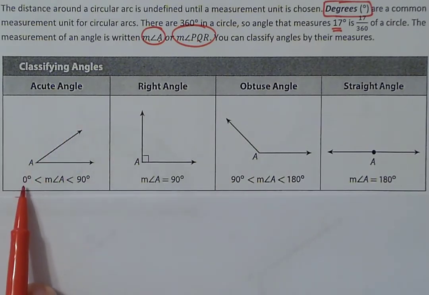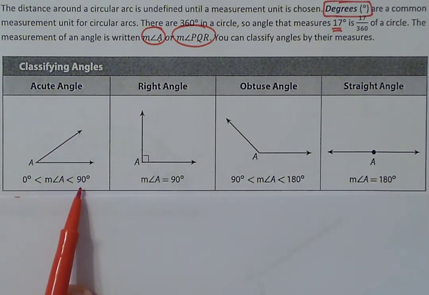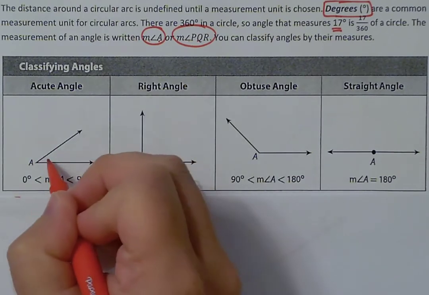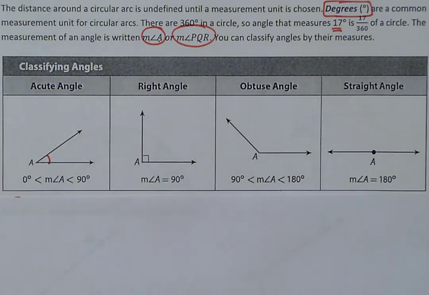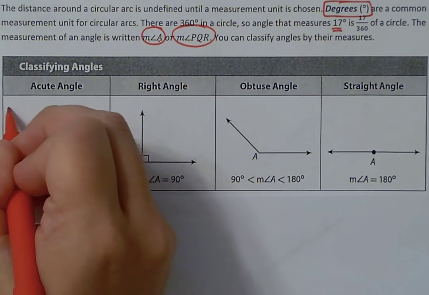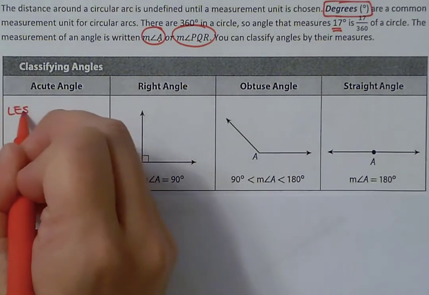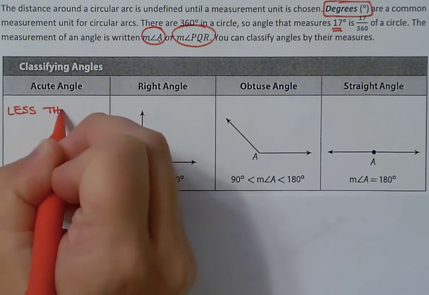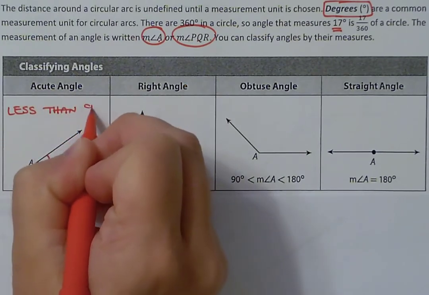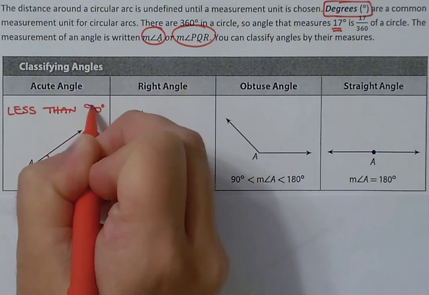Okay, an acute angle's measure is from 0 to 90 degrees. So an acute angle generally looks like this. It's going to be less than 90 degrees, and it's going to be smaller than a right angle. So less than 90 degrees is generally how you're going to think about an acute angle.